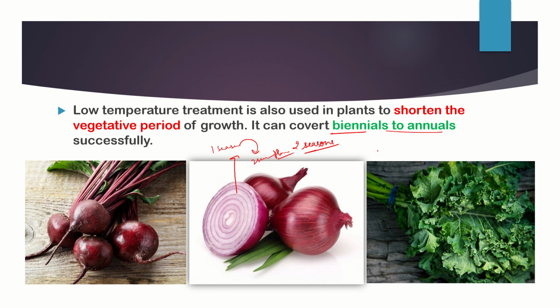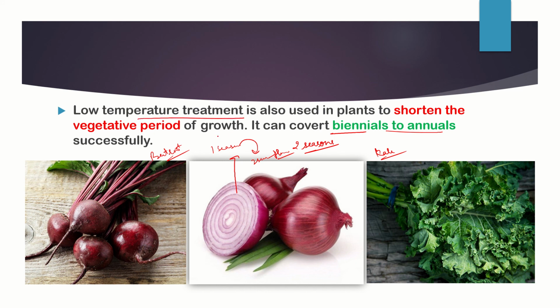Same is true for kale also. Sorry, it's kale, not yale. It's a vegetable used. Then it is there in the beetroot also. So a number of plants are biennials, but the vegetative parts of these plants are what we use in our diet. So we don't want the reproductive stages. We want their life cycle to be completed earlier, so we can give them the low temperature treatment.